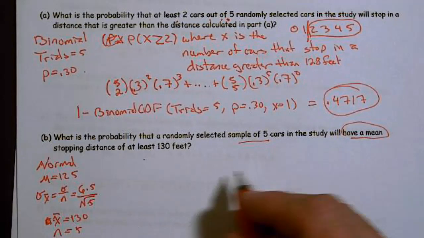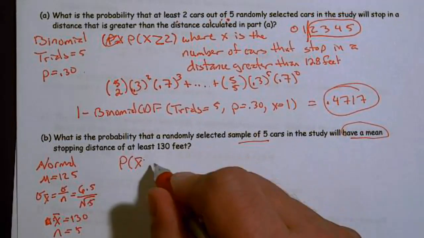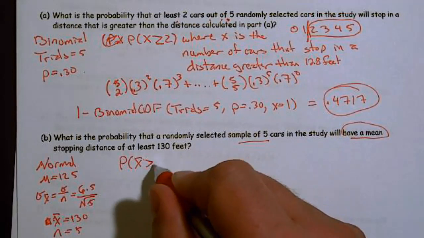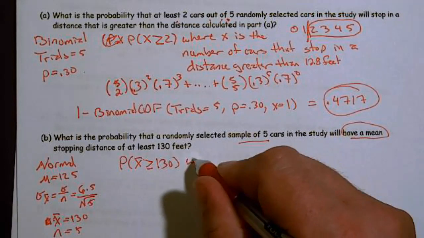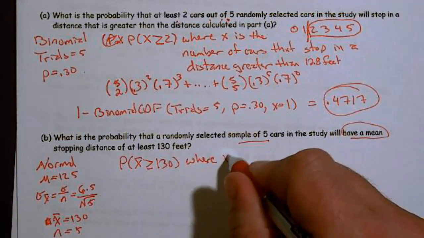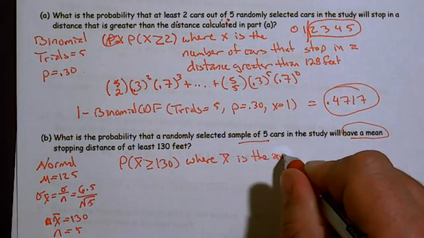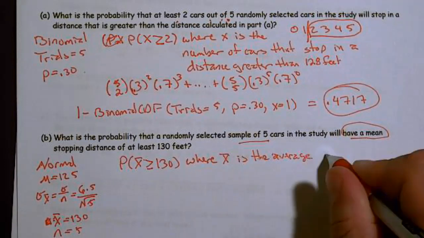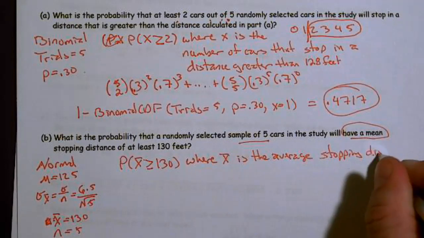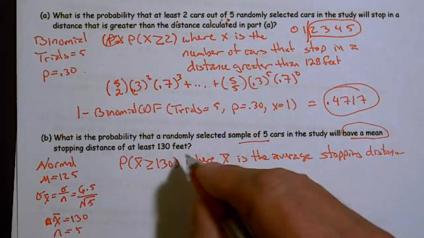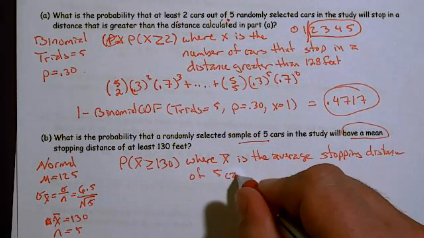So what this looks like, we want to know the probability that X bar is greater than or equal to 130, where X bar is the average stopping distance of 5 cars.